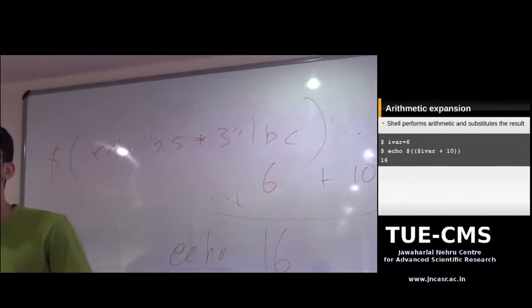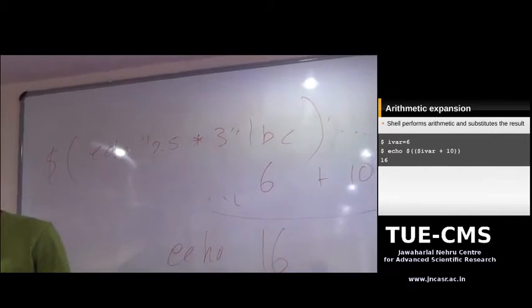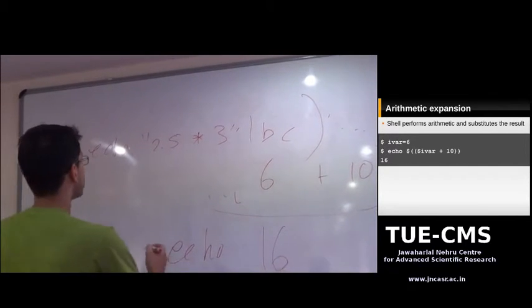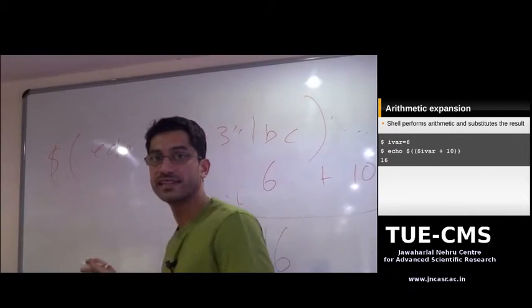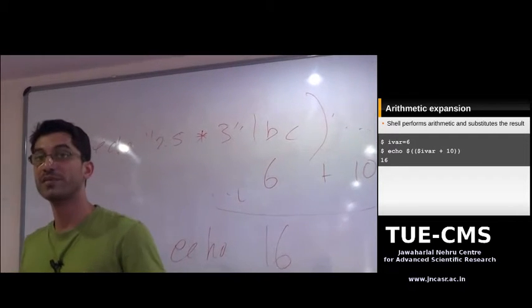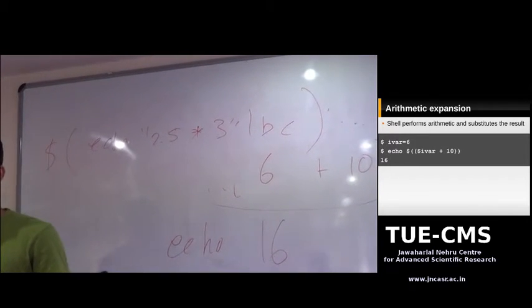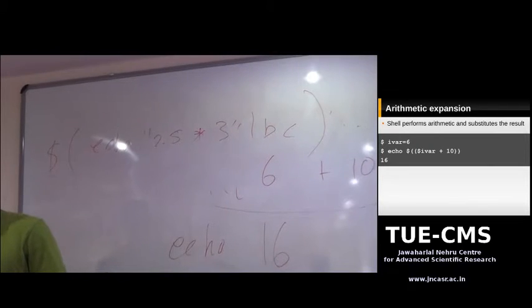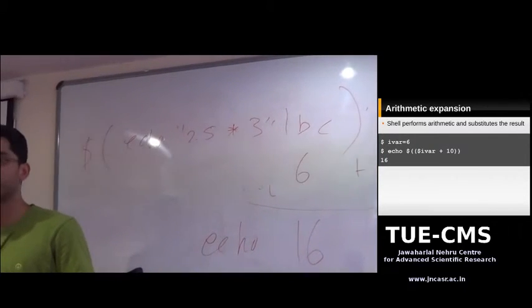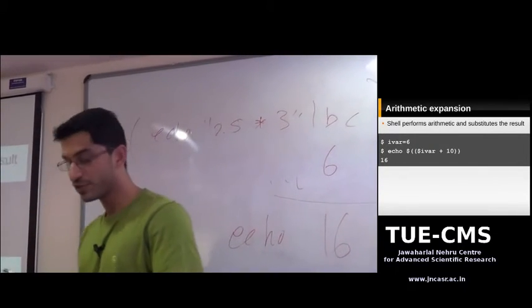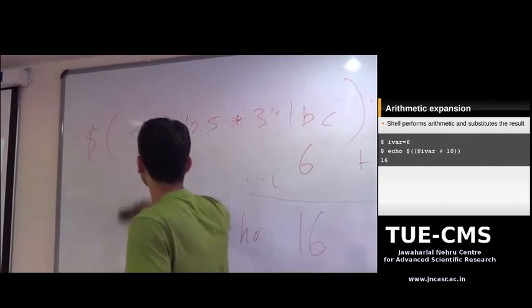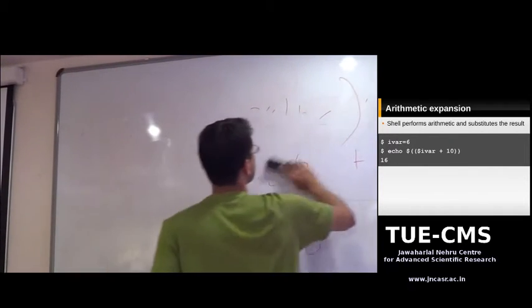BC is going to write the result to standard output as a string, and that string is substituted in place of the whole thing. But with that output, you can't do any further calculation in the shell. Suppose you want to do something more with that number, you have to again pipe it through BC, right? So whenever you want to work with floating point numbers, you have to pipe it through BC.